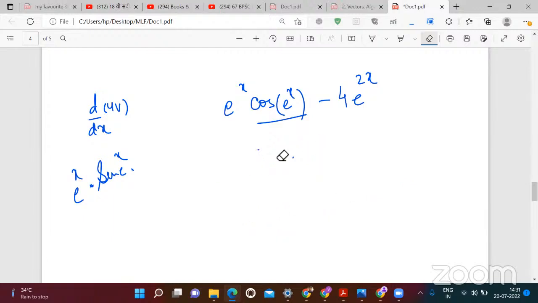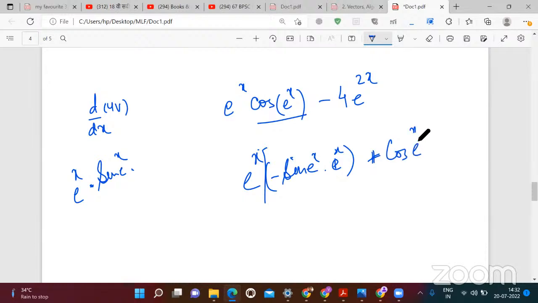When last time I did the differentiation, it is about e^x, and this is minus sin x, right? Sin x times e to the power x, and then we are differentiating e^x. The differentiation of e^x is e^x, fine. And then plus, you are putting this as constant, and then you are differentiating that as it is.